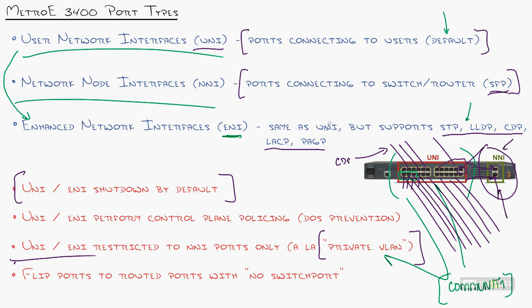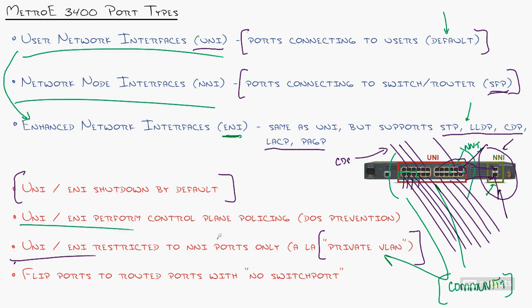Same thing with network node interfaces. Don't hear me wrong, you can flip over some of these as NNIs. I can say, well, actually, I want those to be communicating in the same way. They're uplinks to our other devices as a carrier. You can flip them over to whatever kind of personality you want those ports to have. This is just out of the box default.